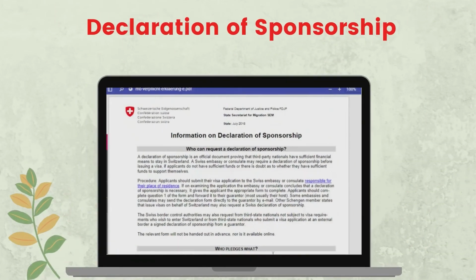In some cases, the embassy would request for a declaration of sponsorship if the sponsor would be a resident or a citizen of that Schengen country. Okay, so the declaration of sponsorship can somewhat lengthen the time that your visa will be processed.